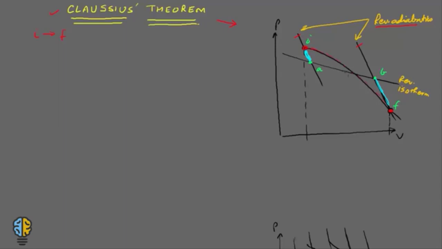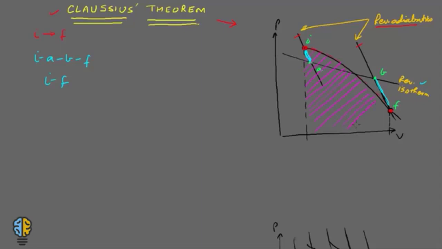Then a reversible isotherm is drawn in such a way that the area under IABF is equal to the area under IF. The area under IF is this complete area, this pink colored region.